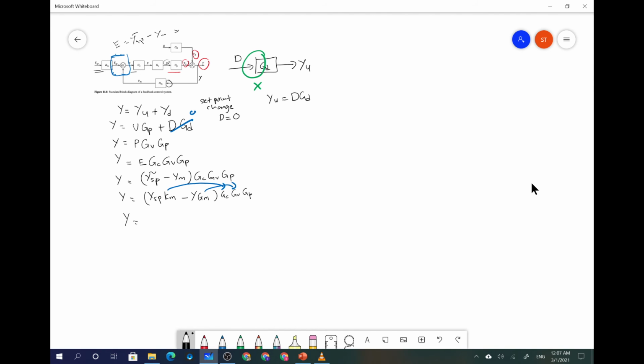Do an expansion for this equation. So just expand everything: Y sp Gm Gc Gv Gp, plus y Gm Gc Gv Gp. Make sure you have a pen and paper. Make sure you write it. Don't just listen, make sure your hand writes it.